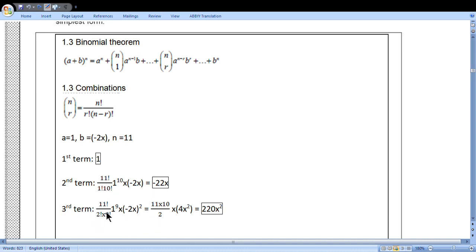Here 9 factorial simplifies with 9 factorial, 10 and 11 are here, 2 here. Minus 2x squared gives us 4x squared. 2 simplified by 2, you get 220x squared. So the 3 terms we found. Done.